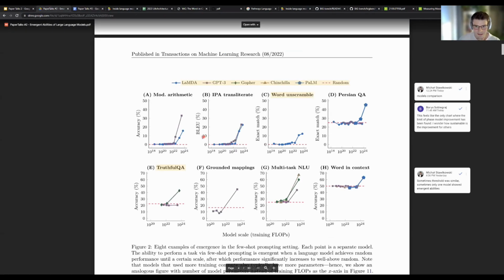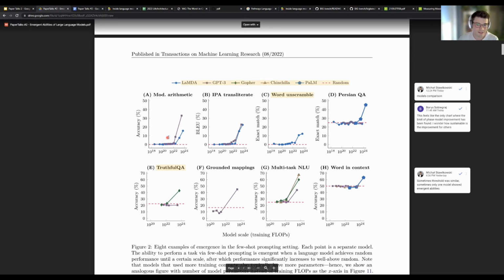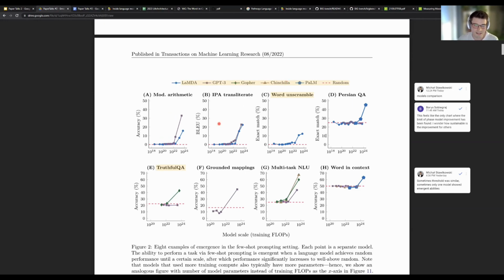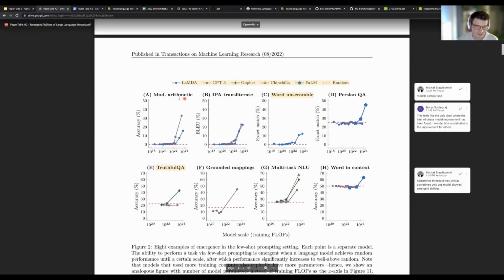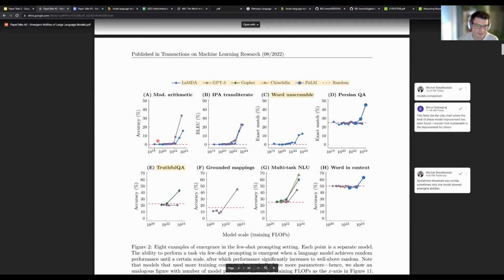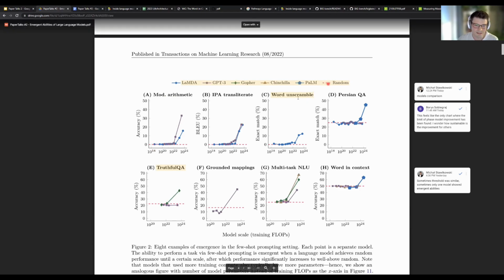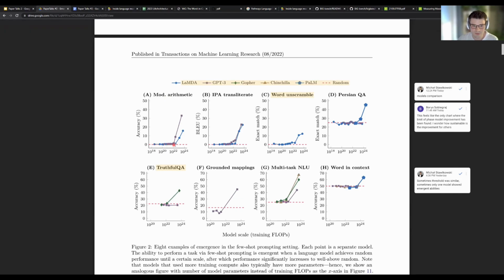Yes, and we have these 5 different models, and we can see that these emergent abilities are true for the stats that are shown here. For example, the first one, the arithmetic operation, we can see that here you have GPT-3 and Lambda, and for some model sizes, this pink dashed line shows the random performance, and for some sizes of these models they can't really perform this task, and the performance is random.